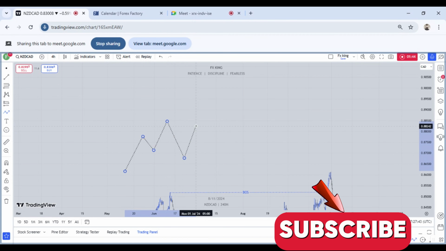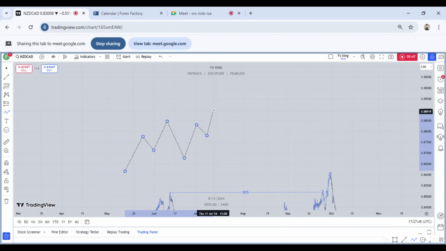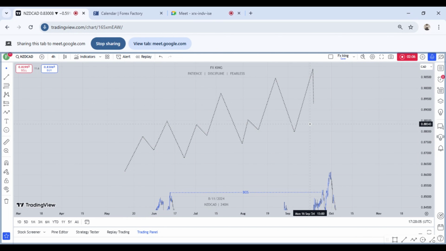Our inducement gets taken out, then we get a break of structure, then the inducement gets taken out, and we get another break of structure. Just like this, right? That is how the market moves.